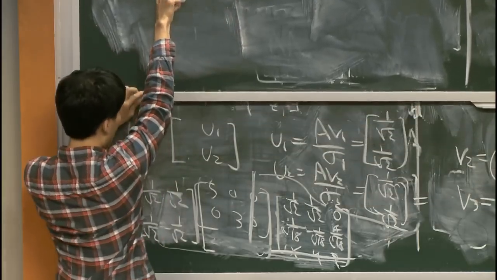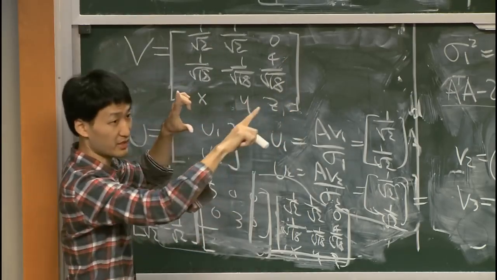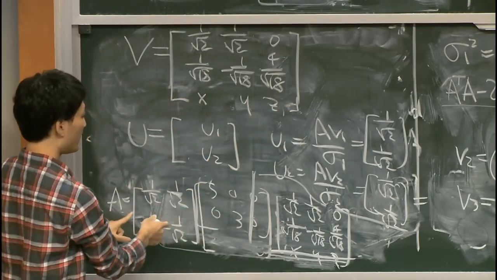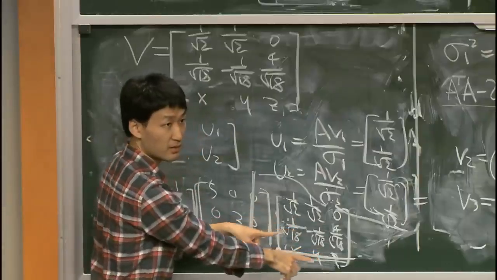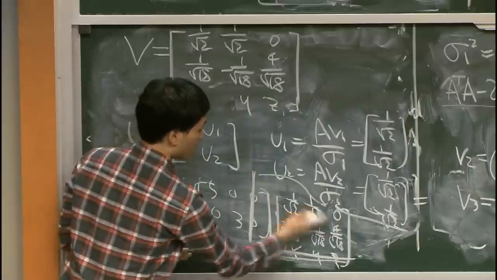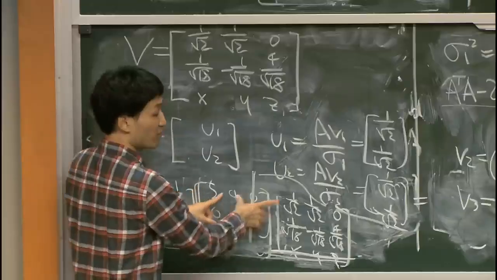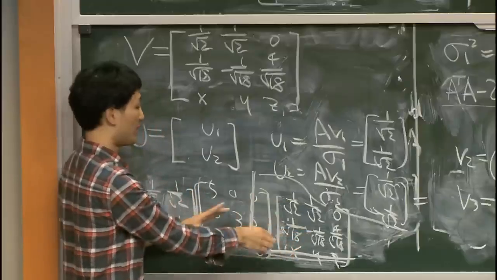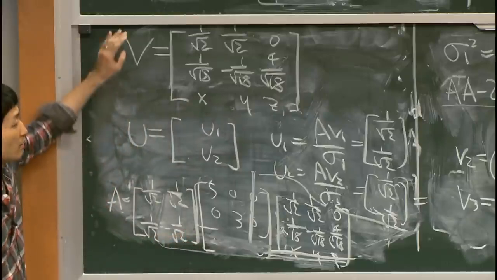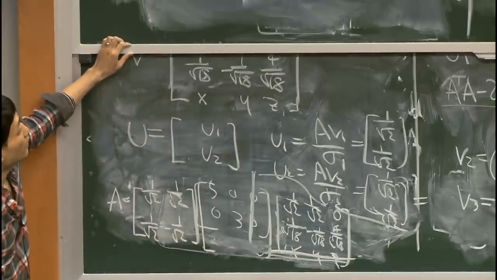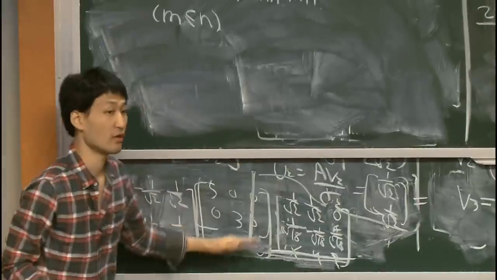So let's see. In the beginning, we had A. I erased A. A was a 2 by 3 matrix in the beginning. And we obtained a decomposition into 2 by 2, 2 by 2, and 2 by 3 matrices. If we didn't delete this column and this row, we would have obtained a 2 by 2 times 2 by 3 times 3 by 3 matrix. But now we can simplify it by removing those. Okay. And it might not look that much different on this board because I just erased one row.